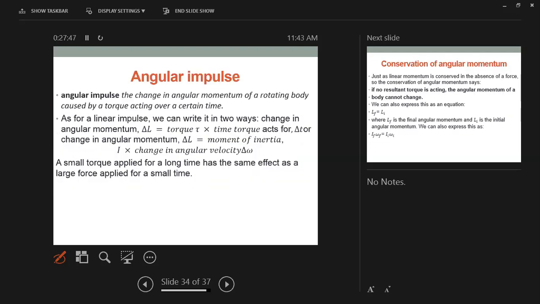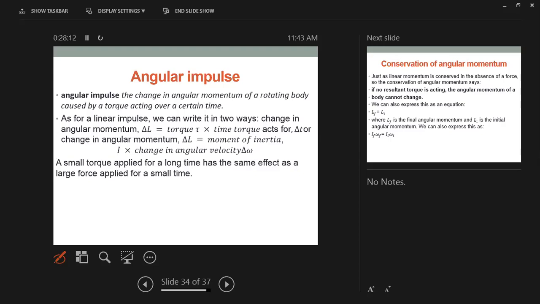Angular impulse is the change in angular momentum of a rotating body caused by a torque acting over a certain time. So the change in angular momentum over time will give us the angular impulse.